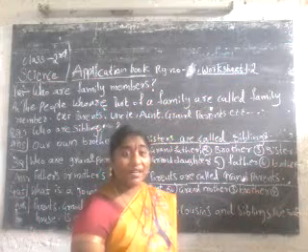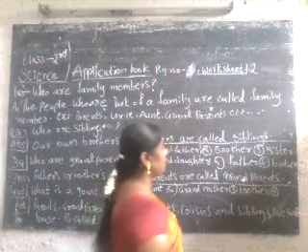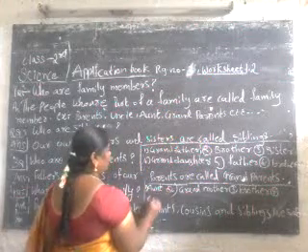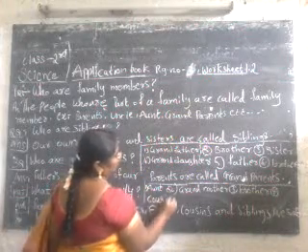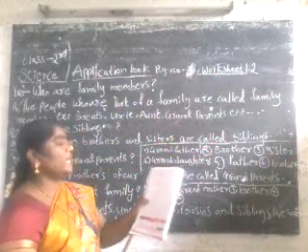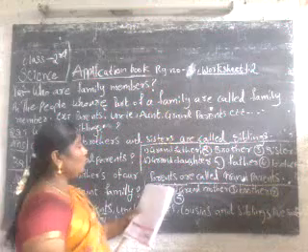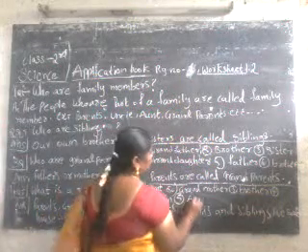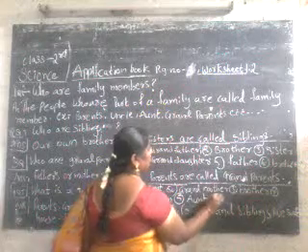We can call her cousin. What is that? Cousin. Fifth one, wife of Zoya's uncle. Wife of Zoya's uncle. She is also called aunt.